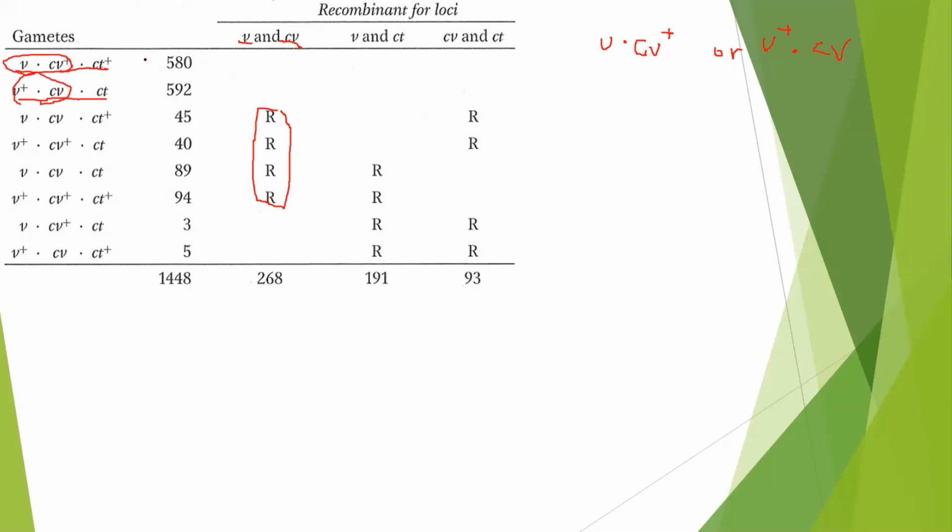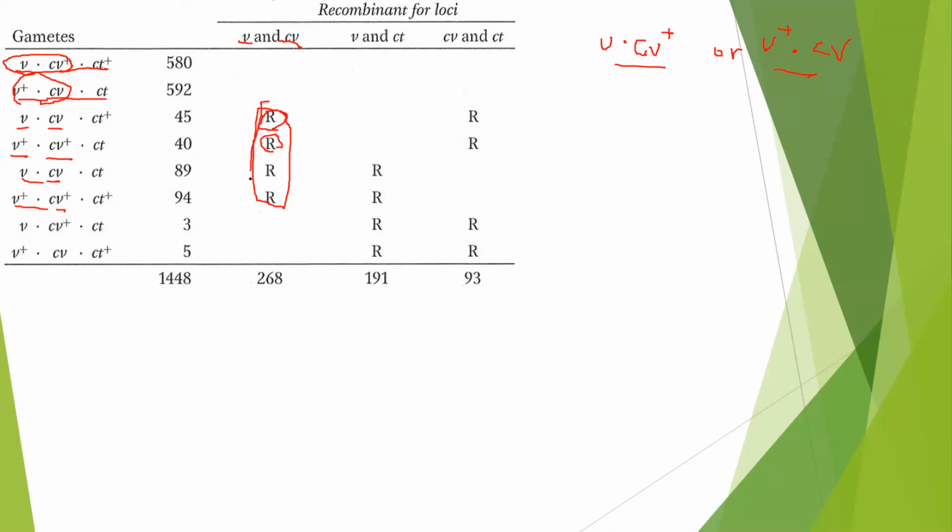Now out of these eight categories, we want to see which ones represent the recombinants for these two genes. In this one, it's V and CV. That's different from the parental type, so of course we put an R here. That's the recombinant. If you look at this one, V plus and CV plus, that's different from the parental type, also R. The same for this one and this one.